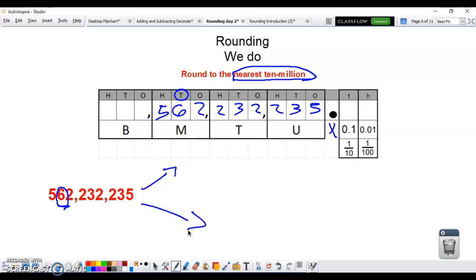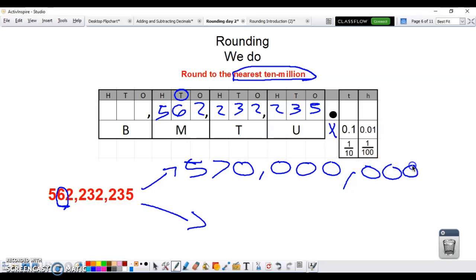If we were to go up to the nearest 10 million, our number would be 570 million. We know everything else turns to zeros. If we were to round down, we would go to 560 million.